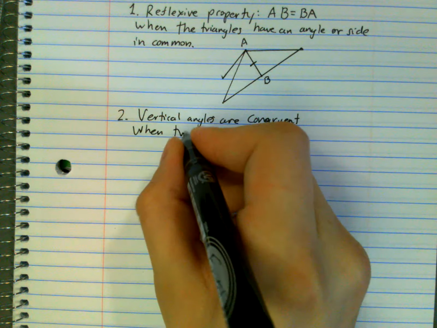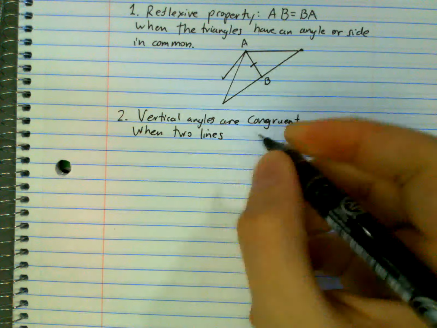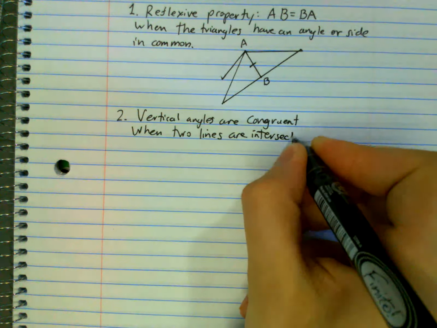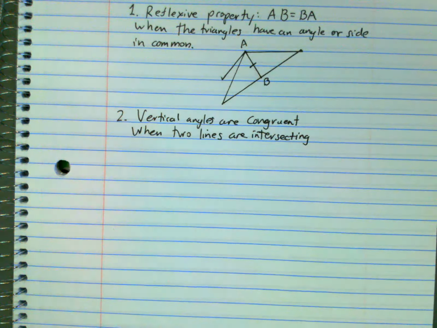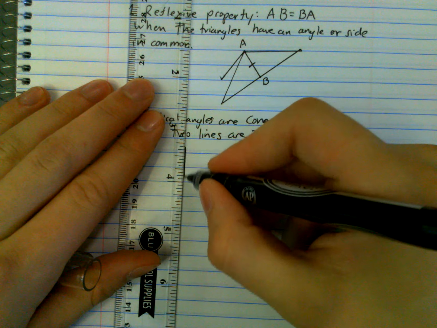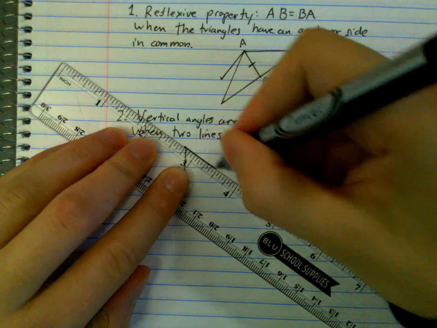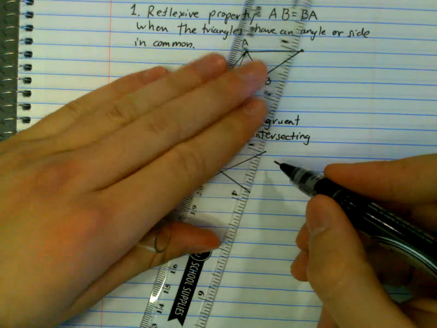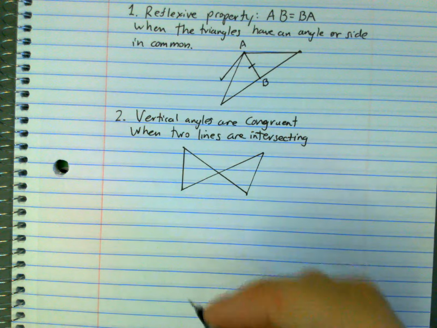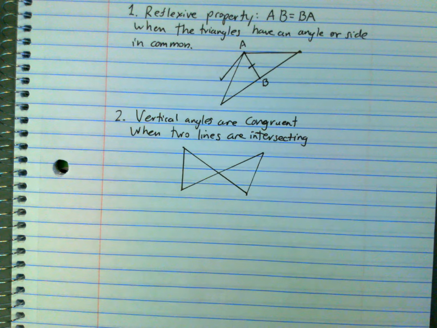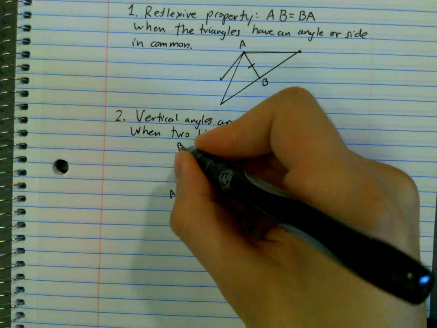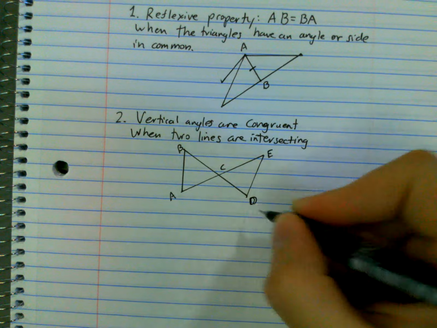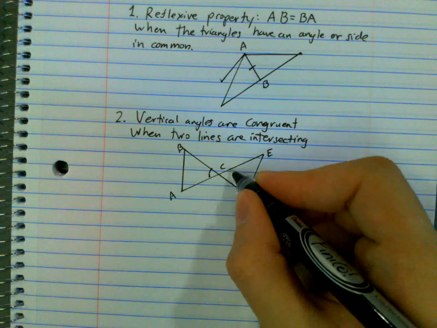When 2 lines are intersecting, if you want a heads up, there are 9 of these we have to write. Some people don't figure that. Okay? This angle would be congruent to this angle.